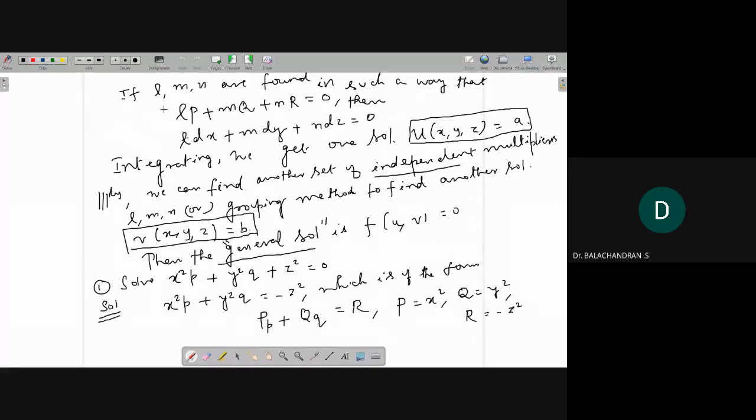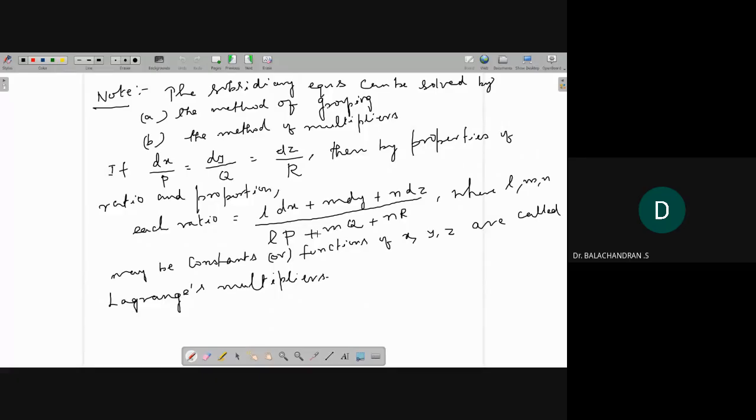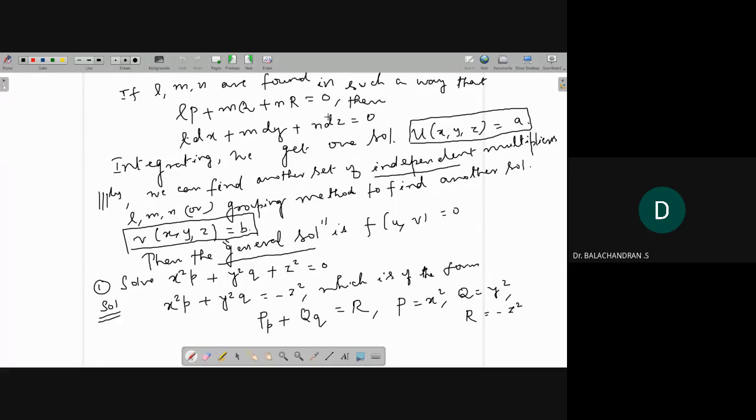Now, how to choose the Lagrange's multipliers L, M, N? They are found in such a way that LP plus MQ plus NR, that is the denominator, is equal to 0.